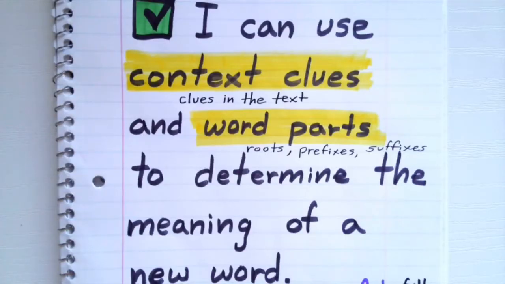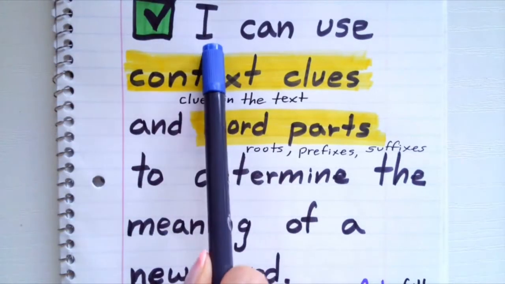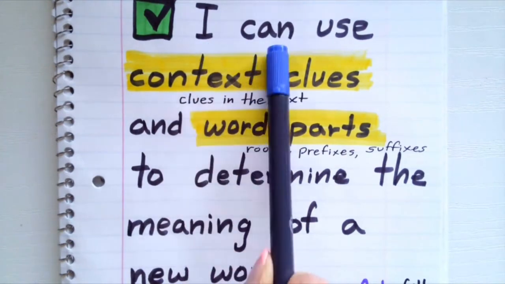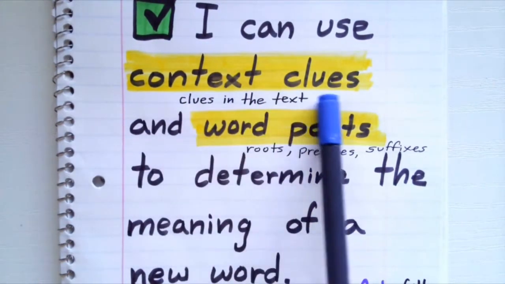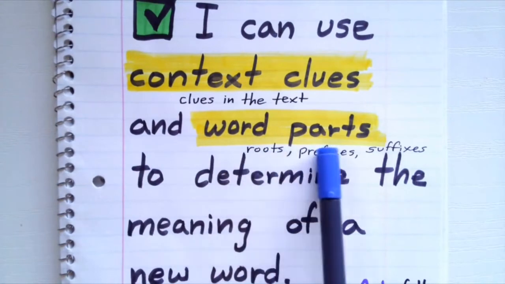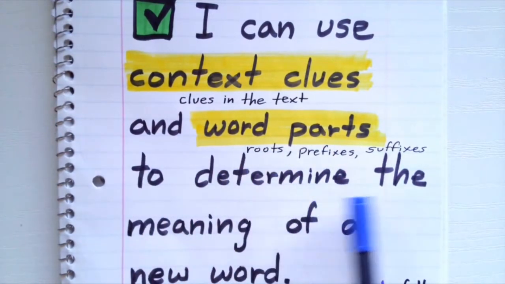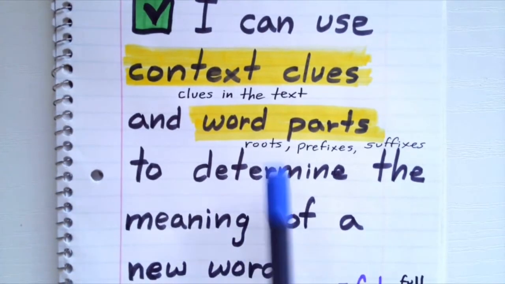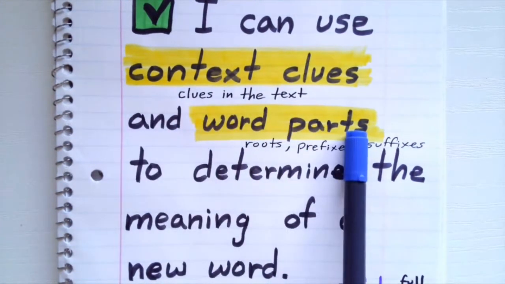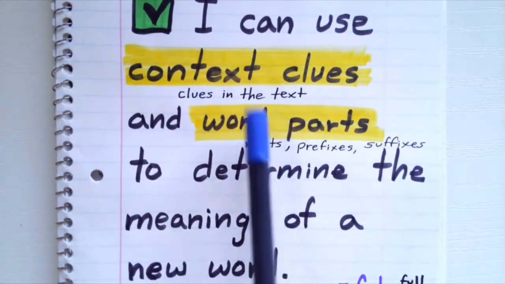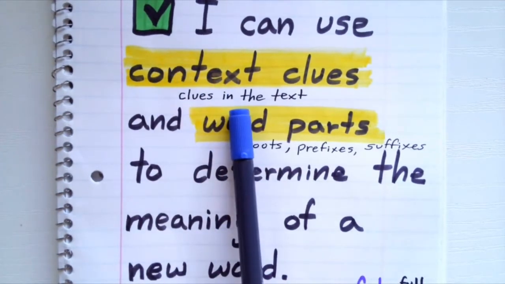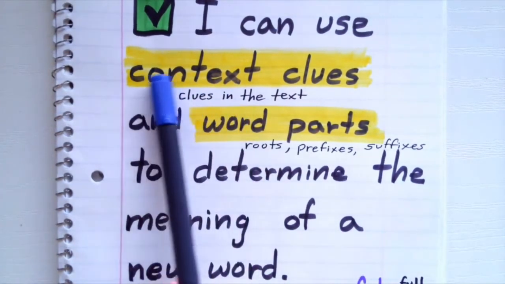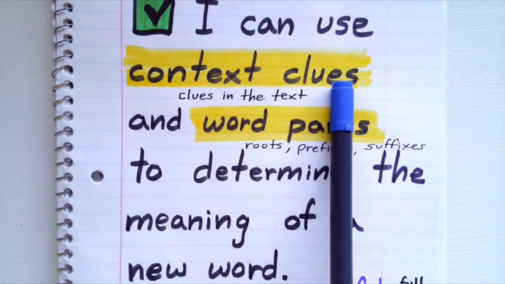Let's read the success criteria together. Ready? Begin. I can use context clues and word parts to determine the meaning of a new word. There are two different vocabulary strategies being described here, two different tools we can use to determine the meanings of words. One is context clues.